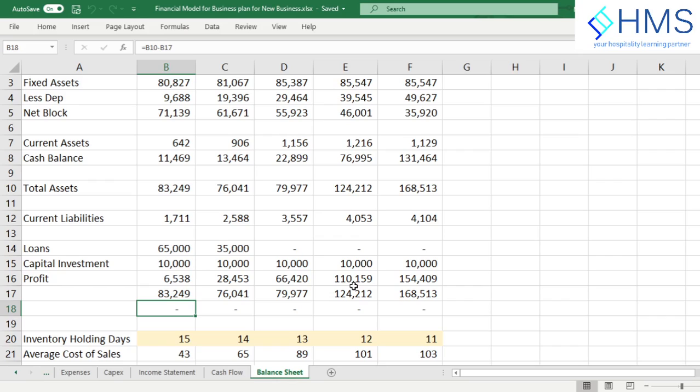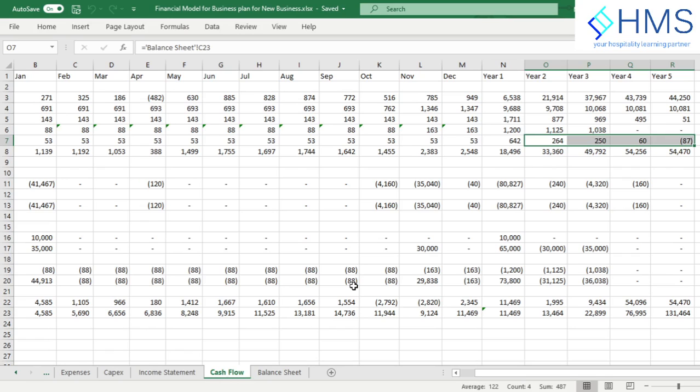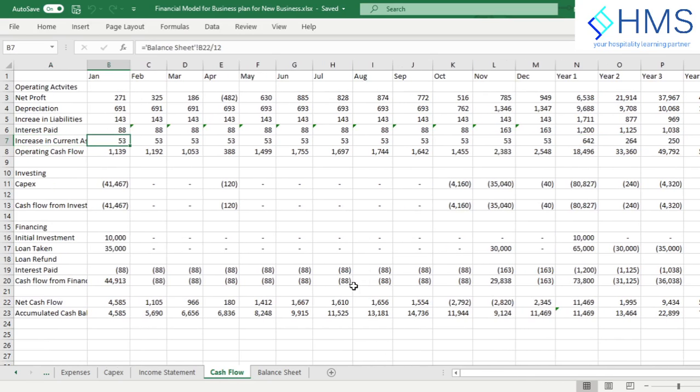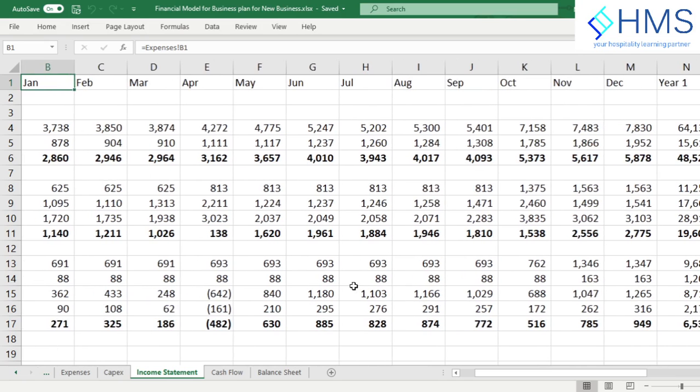So when you are preparing a financial model, you always have to look at the balancing of the models, so that you can make sure all the totals are accumulative, all the totals are tallying with each other, and the balance sheet matches, so that nothing has been omitted from the balance sheet or from calculating the profit and loss. So here we have completed the three financial statements model.